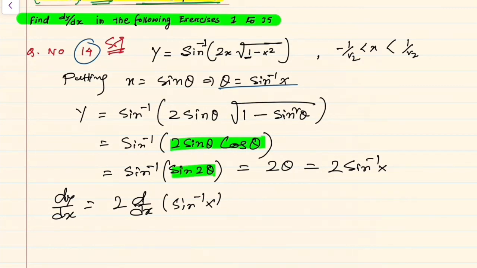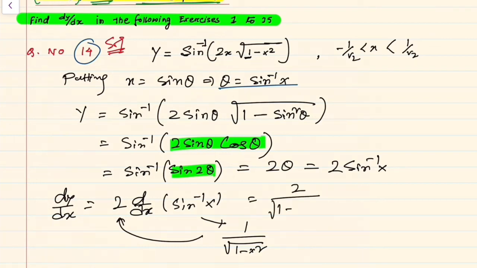I have already given you the derivatives of inverse trigonometric ratios, and I will provide the link of that video in the description box. The derivative of sine inverse x is 1 by root over 1 minus x square. So that, into 2, is going to give you 2 by root over 1 minus x square. So that's our answer. Hope you have understood this.